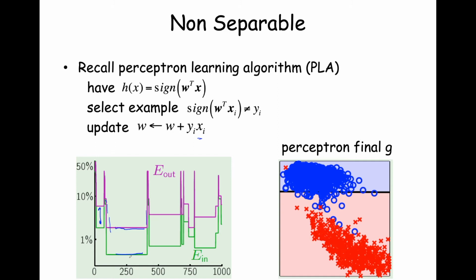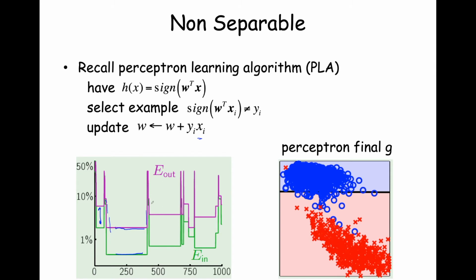That's just a nod towards Hoeffding's inequality really is a thing, right? E in and E out are within some epsilon of one another. And so here you notice that in some cases E in gets better and E out gets better, improves, lower is better, less error. Other times it increases.